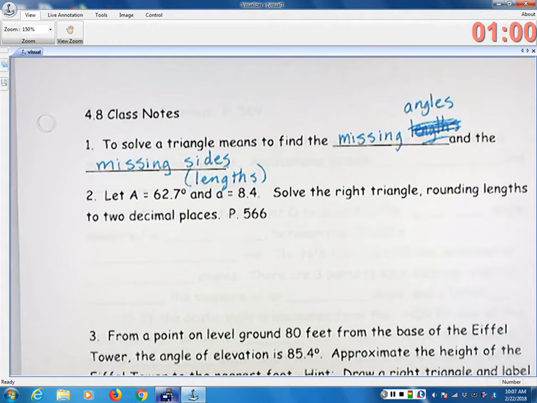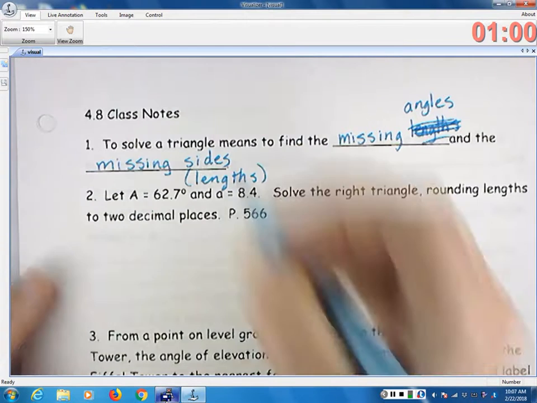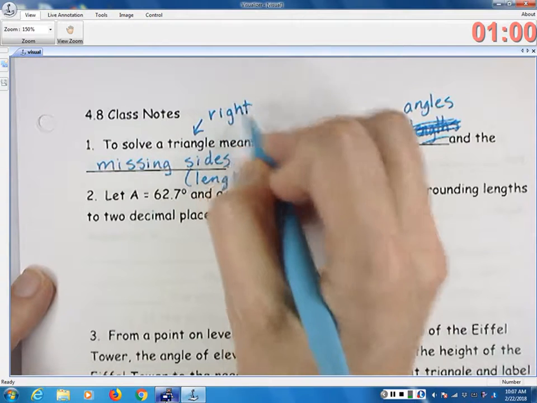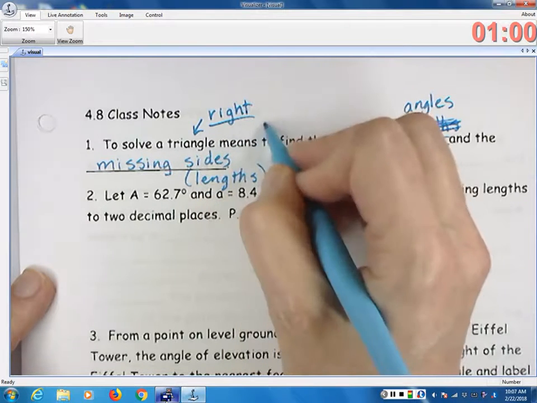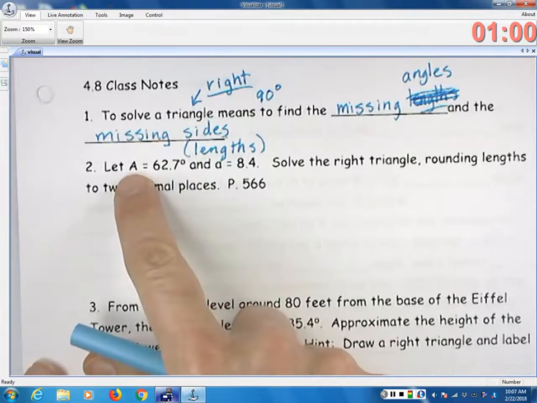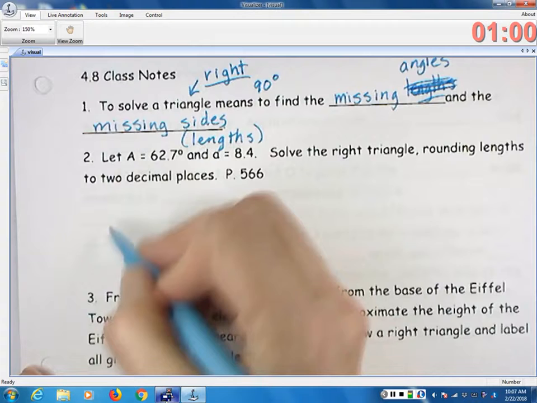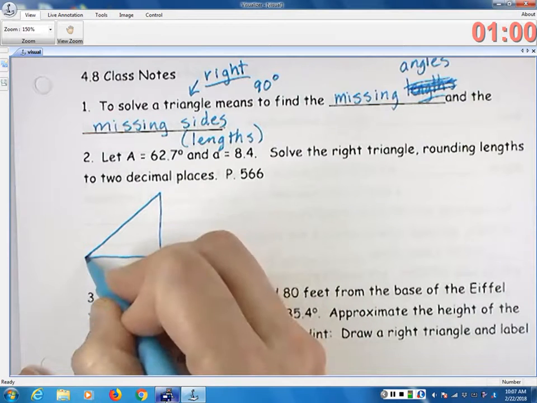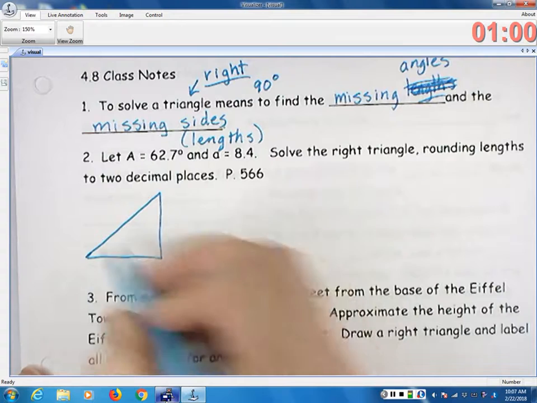These are right triangles in this section. So you have one angle that's 90 degrees, and you don't need to find that one. We've got a picture here, and you'll have to do this on separate pages. I'll do this first example, and then we'll quit.